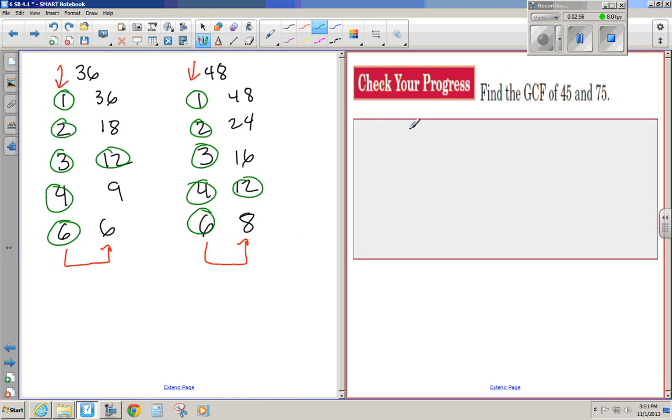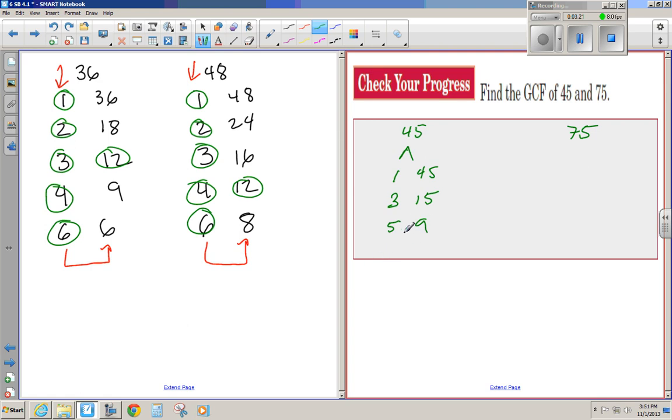So look at 45 and 75. Factors of 45 are 1, 45, not 2, 3, and 15, 5, and 9, and that's it. I can't think of any other ones that are in there. Maybe 6, maybe 7, maybe 8.